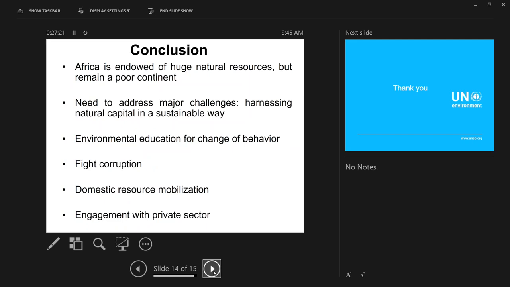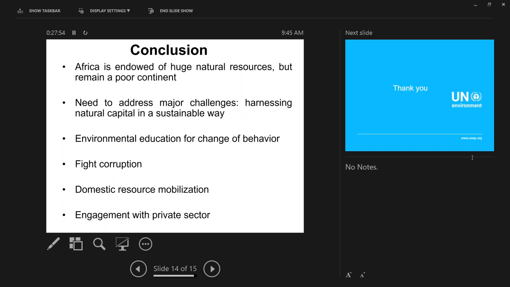In conclusion, I'd like to mention this paradox that we mentioned when we were talking about the energy landscape in Africa: it is really hard to understand that Africa, which is endowed with huge natural resources, remains a poor continent. That is because environmental sustainability is still a challenge. We need to address those challenges in order to harness the natural capital, and that should be done in a sustainable way.